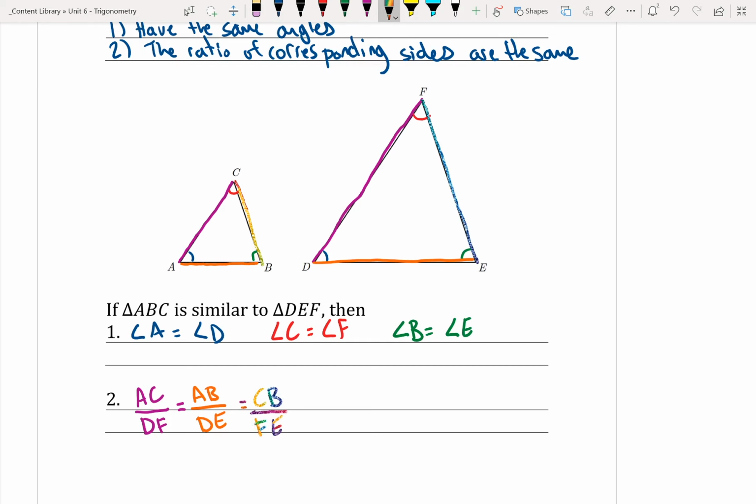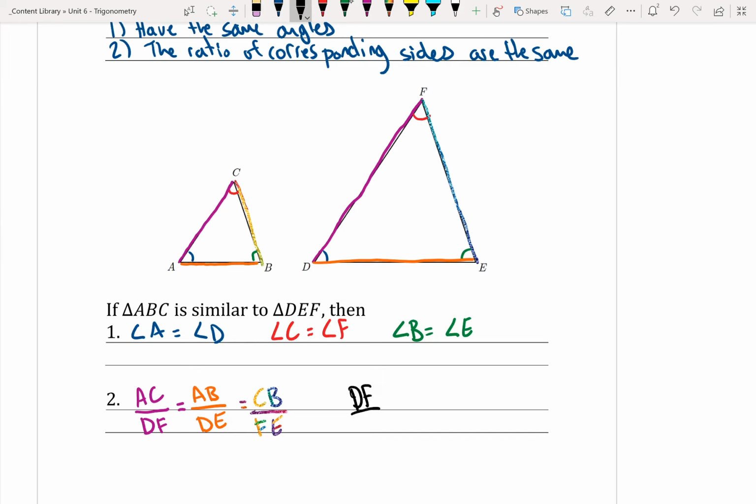Now, notice how I've put the smaller triangle sides on the top, and the larger ones on the bottom. You can have it flipped, but it has to be all the same. So in this case, all the sides of the small triangle are on top, and all the sides of the large triangle are on the bottom. That's fine. If you flip it, all the large triangle sides are on top, and I'll just write this out in black. So I can do the same thing, just flip it.